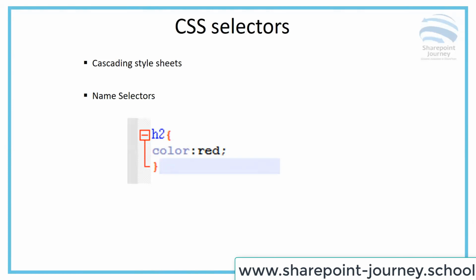If you see this, this is an H2 element, and for each and every such tag, whatever content is inside will become red. That's what this example describes. Instead of H1, it can be another element also.